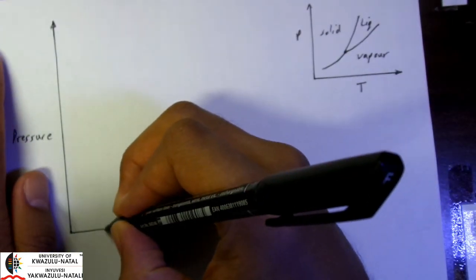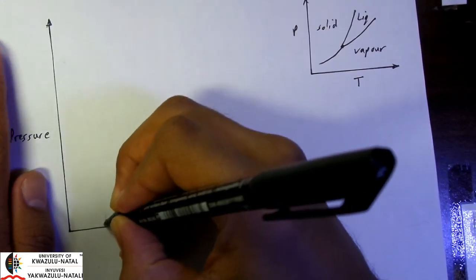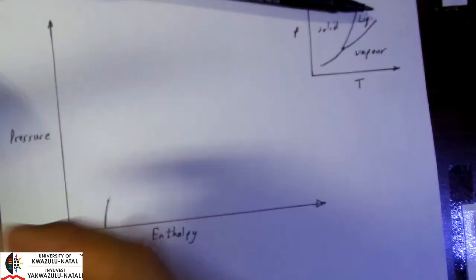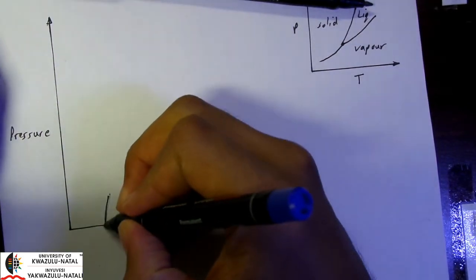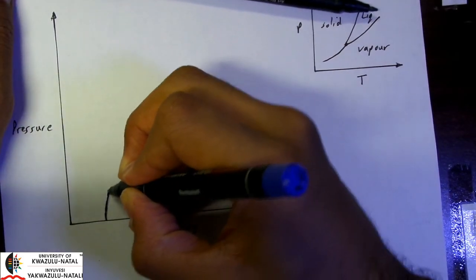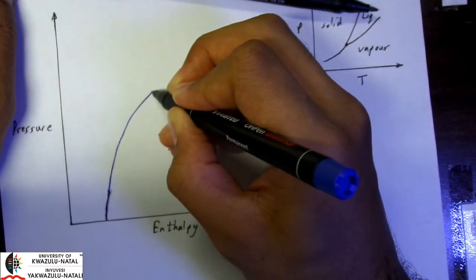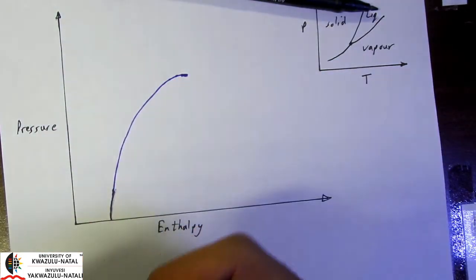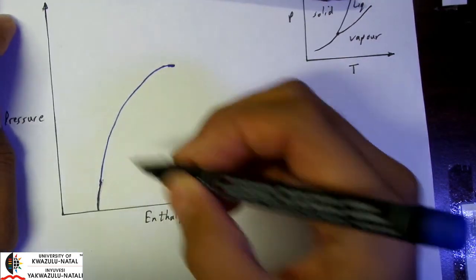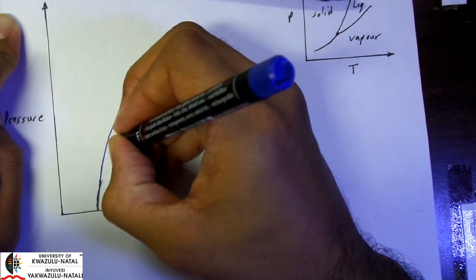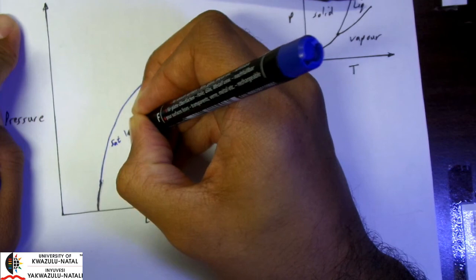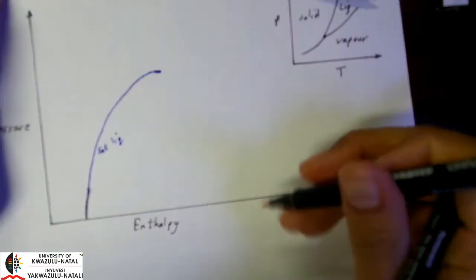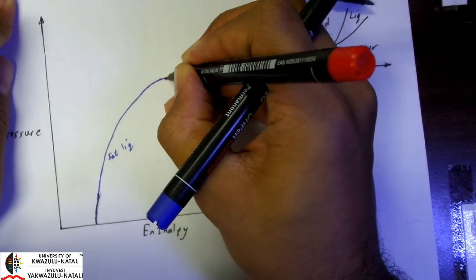We have a saturated region, okay, and I'm going to just mark this in blue here, and this is my saturated liquid line. Okay, and then I have a saturated vapor line.